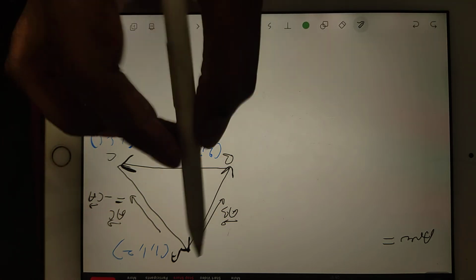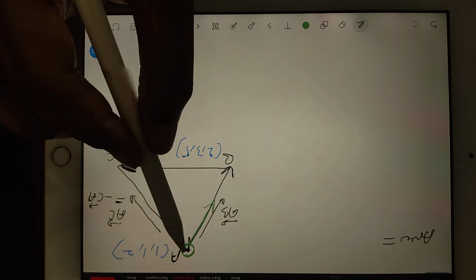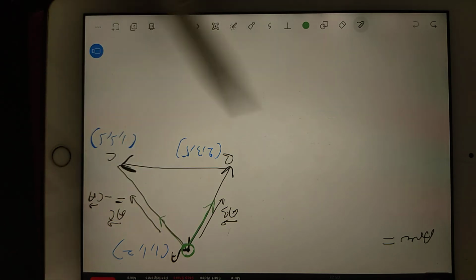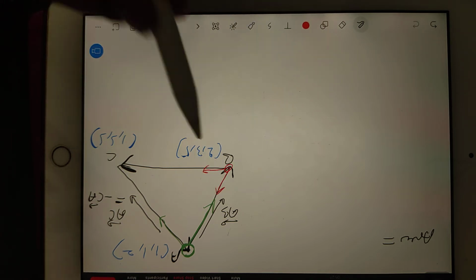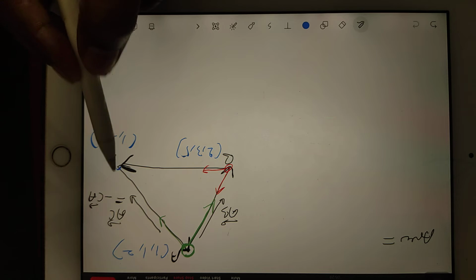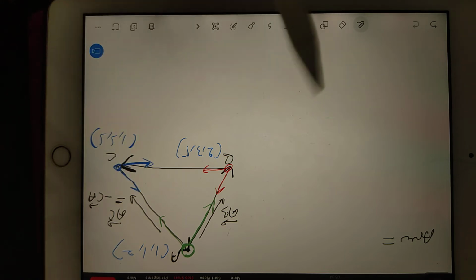So from this point you can choose a vector in this direction and a vector in this direction. This is one way. Or from this point you can choose one vector here and one vector here, another way. Or from this point you can choose one vector here, one vector here. This is another way. 3 methods are there to find out the area.